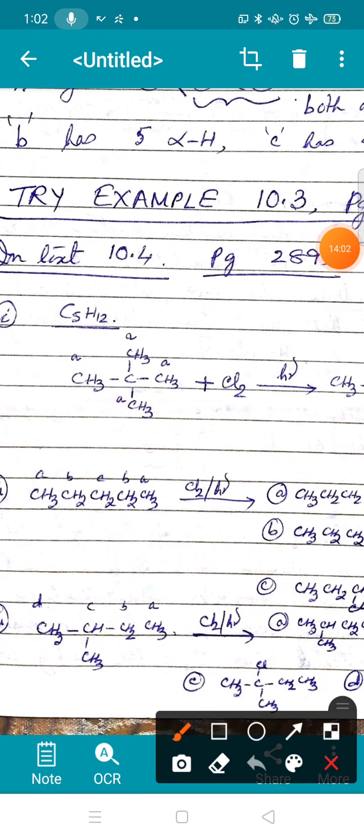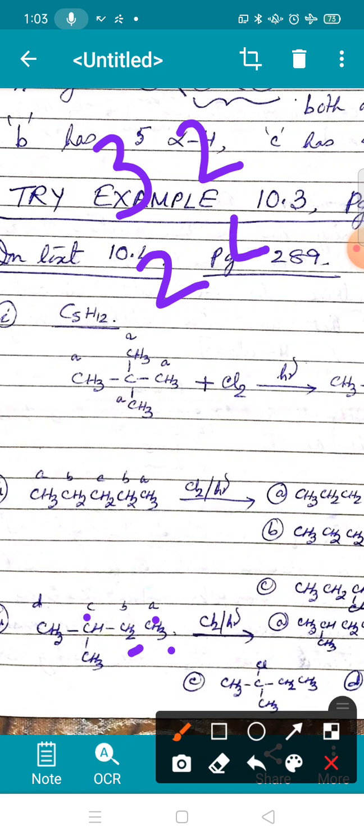How? Let us consider this: A type, 3 hydrogen of its own, in the neighborhood 2. B type, 2 hydrogen of its own, 3 plus 1, 4 in the neighborhood. C type, 1 hydrogen of its own, 3 plus 2 plus 3, altogether 8 hydrogens in the neighborhood.